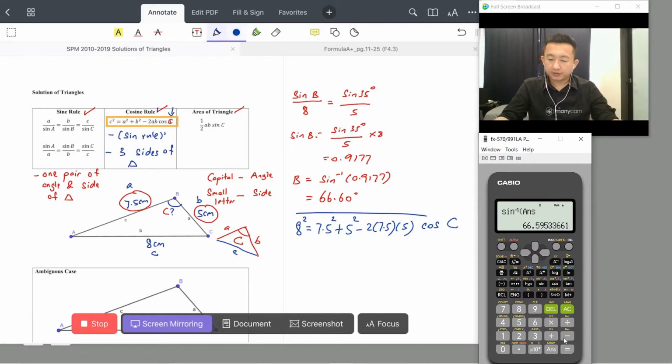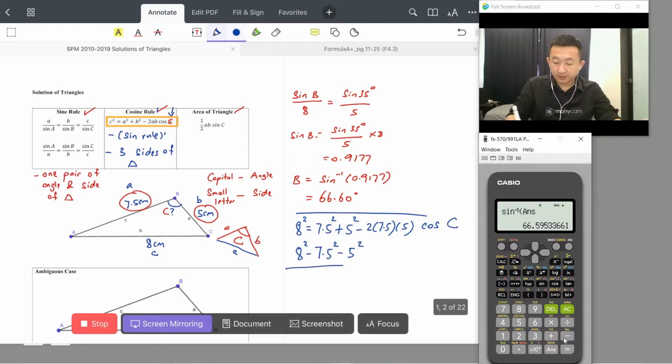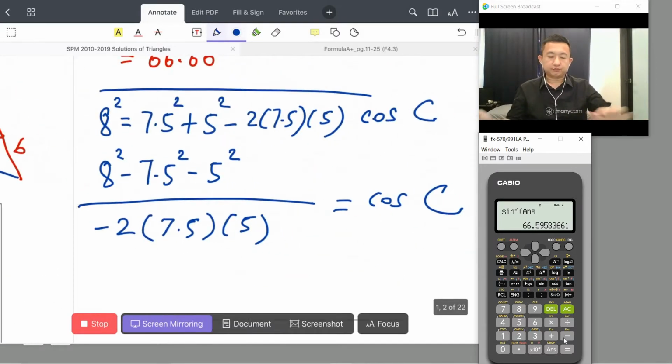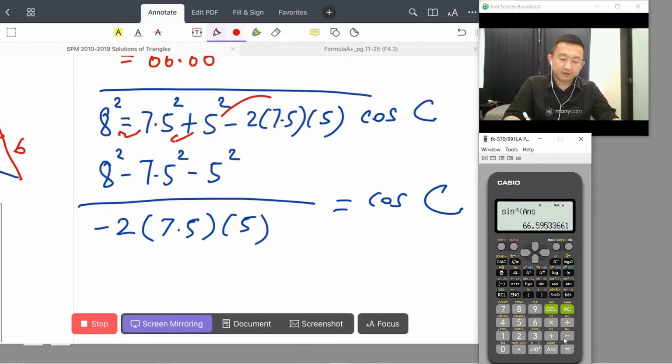And then, what is your next step? You have x squared minus 7.5 squared minus 5 squared, and then divided by negative 2 bracket 7.5 bracket 5 equals cos C. Can or not? Here is minus, and then you have this part. This is multiply. So you go here, you have divide.